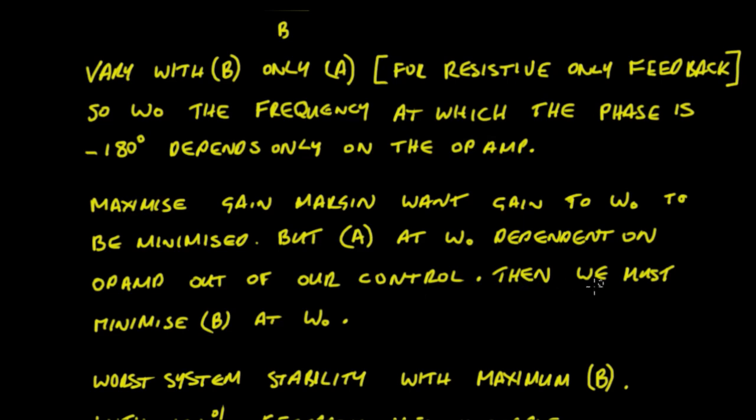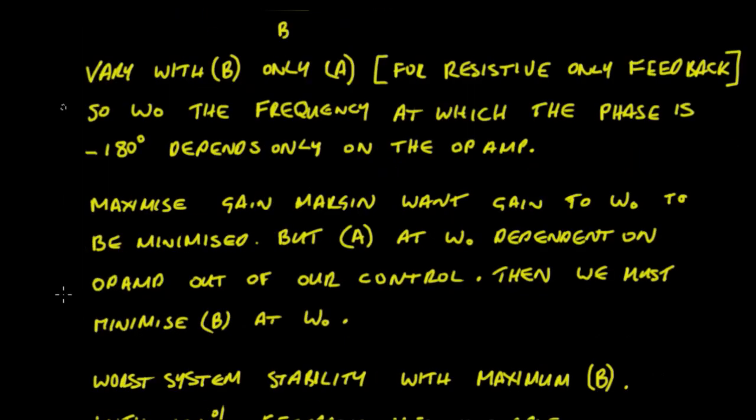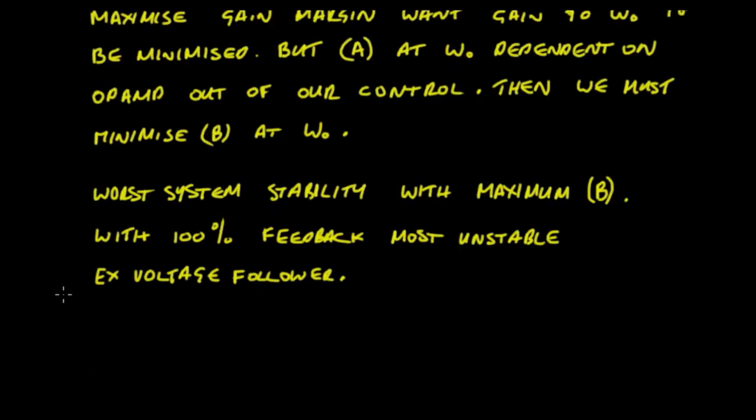So we must minimise the gain of the feedback loop, that is the gain B. Another thing to note is that the worst system stability is going to occur whenever we've got the maximum value of B as opposed to a minimum value, and so if we've got 100% feedback, then these will be the most unstable circuits. So for example, the voltage follower circuit that we've seen previously would be an unstable circuit.